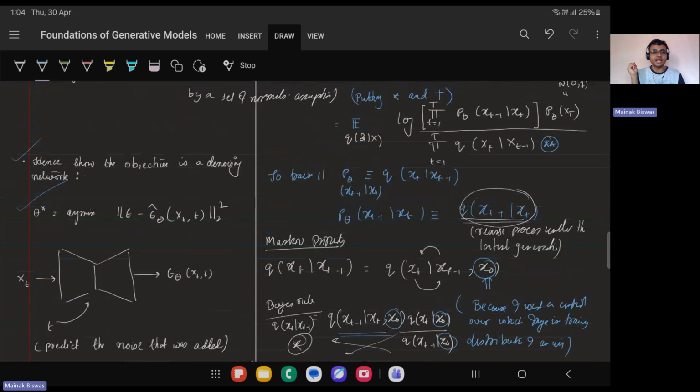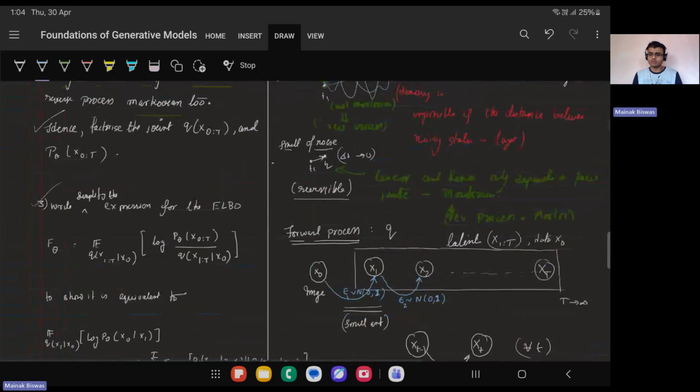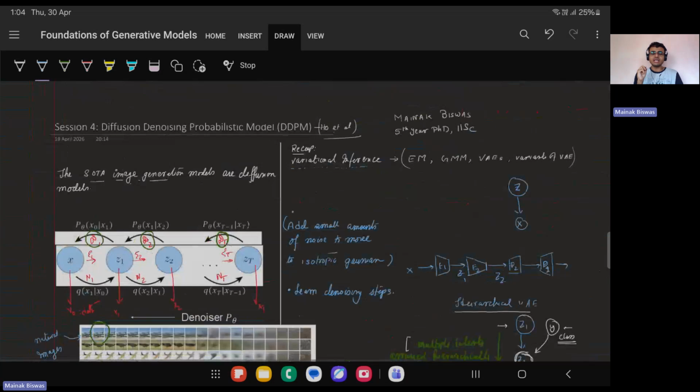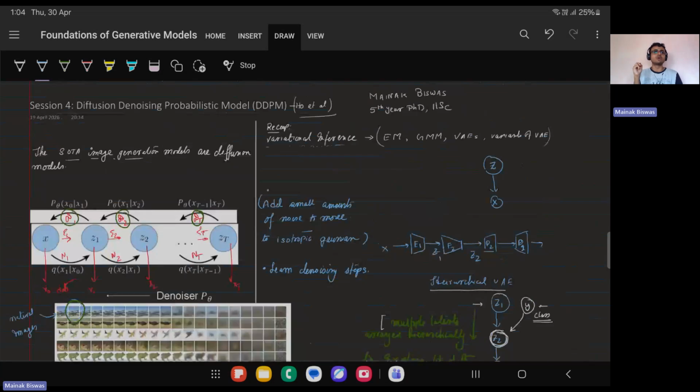With that, we come to the end of denoising diffusion probabilistic models, DDPMs. We'll be seeing score-based diffusion models in the next class, and we'll be going into energy-based models, which is another variational inference model. That will give us a sort of closure on understanding variational inference, and you'll be able to have a bigger picture.